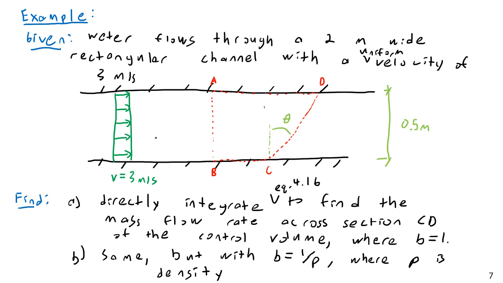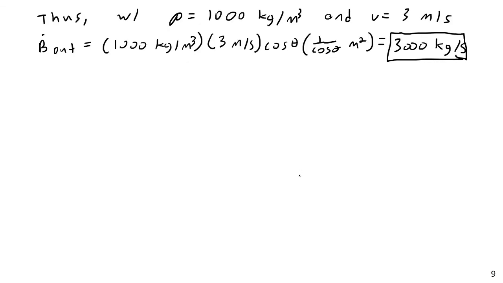So every single kilogram of matter that's flowing into AB has to eventually flow out of line CD. No matter may flow out along AD or BC because those are the walls of the vessel. So we should not be surprised that this result is not actually dependent on theta.